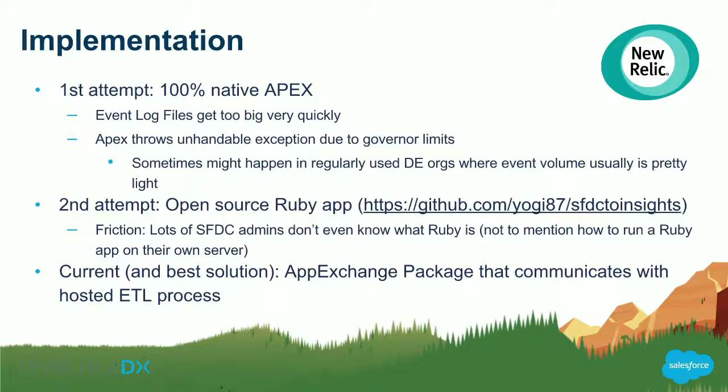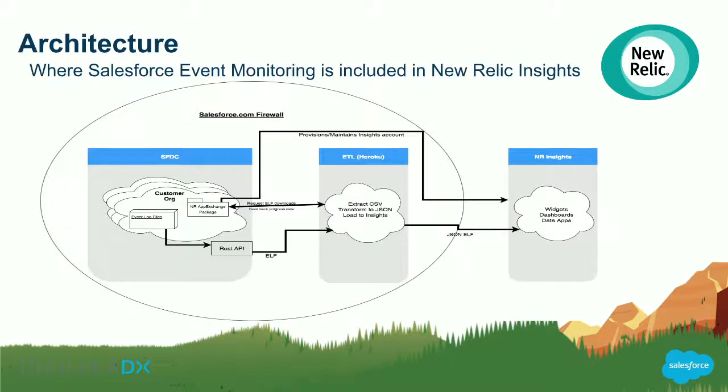Most admins don't necessarily know what Ruby is. Challenge two is, that concept kind of broke the multi-tenant SaaS model of Salesforce. As a Salesforce customer, A, you don't want to, but B, you don't have to install a server somewhere that is running this Ruby app. So we threw out that approach. And the current solution is a Java app that's running on Heroku and is hosted by New Relic.